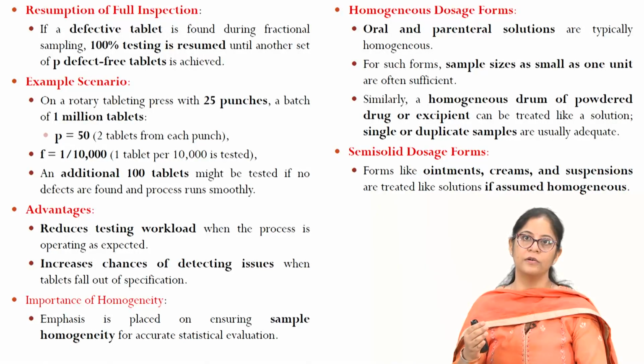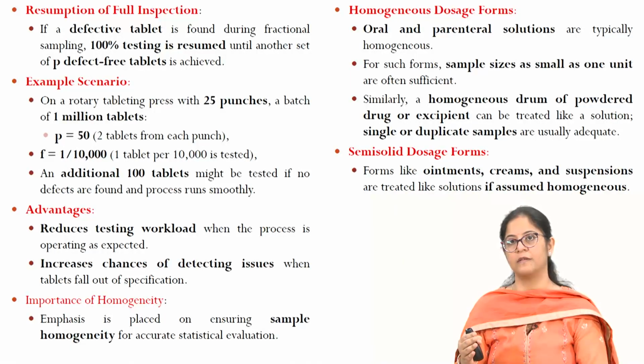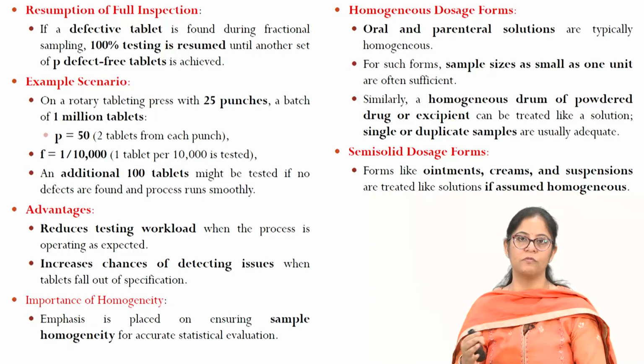So, consider a rotary tableting press with 25 punches making a batch of 1 million tablets. P is 50, that is 2 tablets per punch. F is 1 per 10,000 tablets, that is upon testing, an additional 100 tablets might be tested if no defects are found and the process runs smoothly.